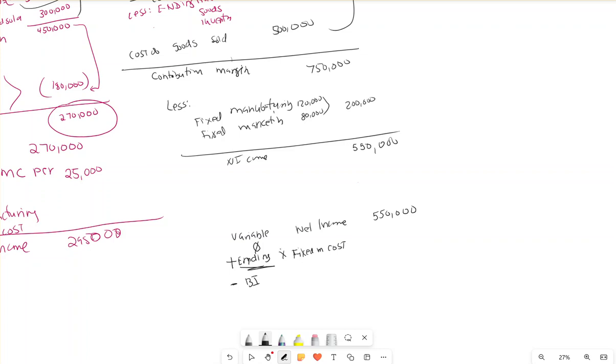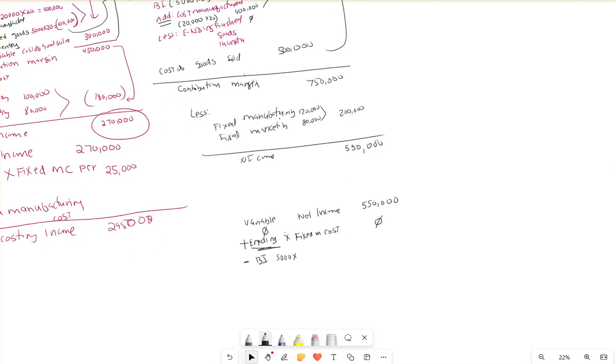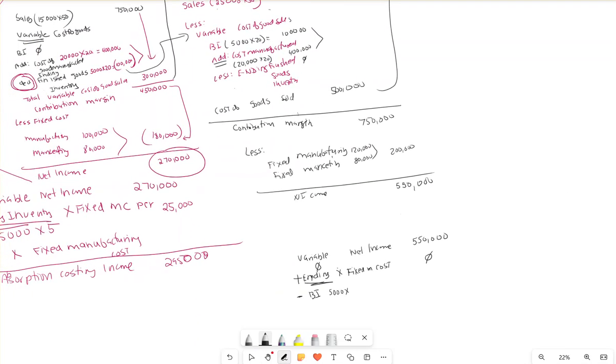So what we have next is a beginning inventory. Our beginning inventory was 5,000, and we needed to calculate the fixed manufacturing cost before we could do anything.